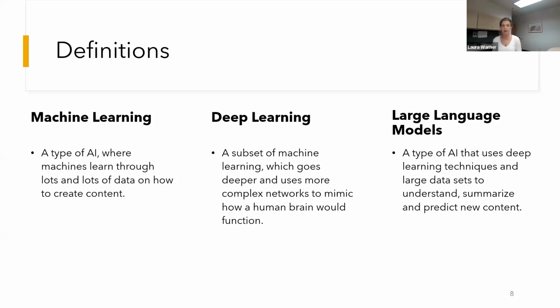Now we're going to delve a bit deeper into AI terms: machine learning and deep learning. Machine learning is a subset of AI which allows machines to learn from data and mimic human brain functions to produce more advanced outcomes. When you're learning to ride a bike, you use a lot of trial and error.